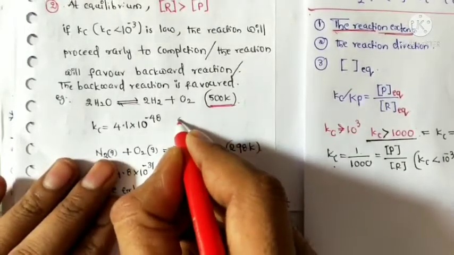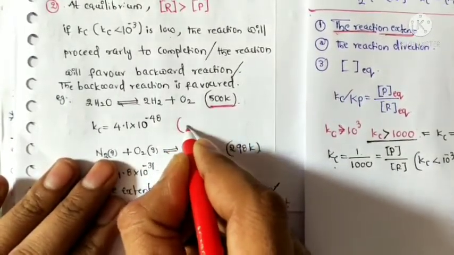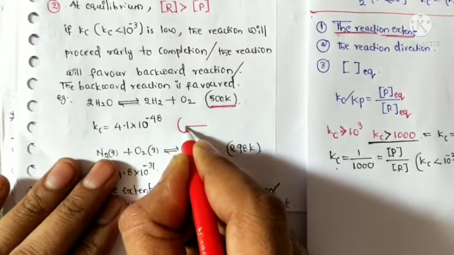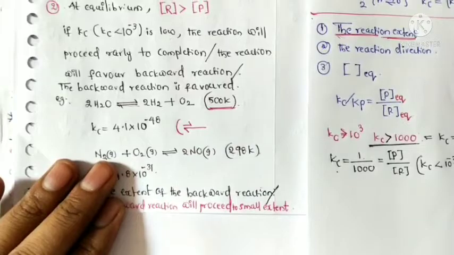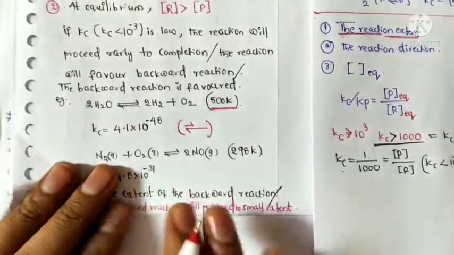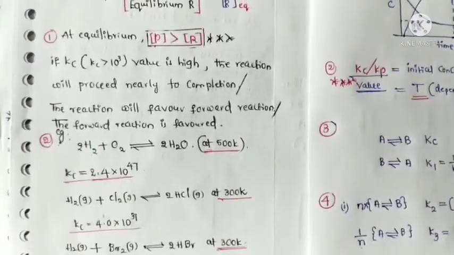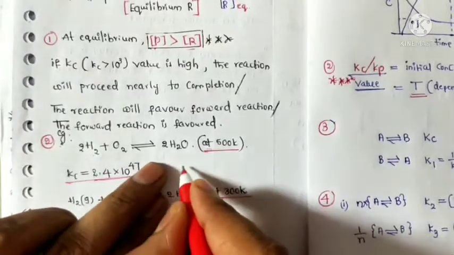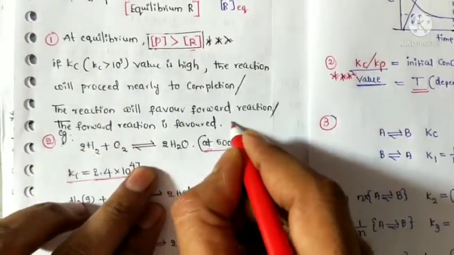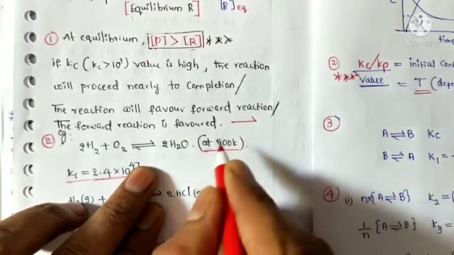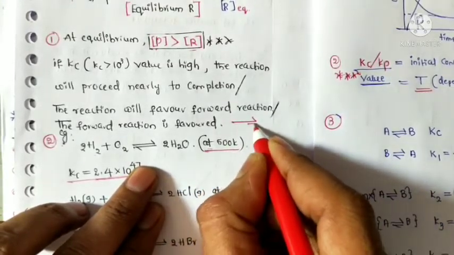Sometimes it is indicated like this: the backward reaction is favored compared with the forward reaction.